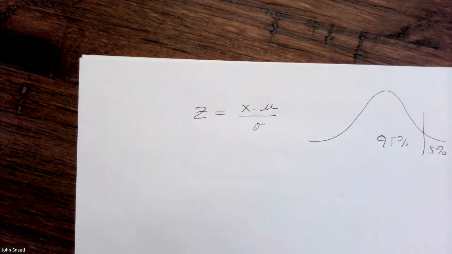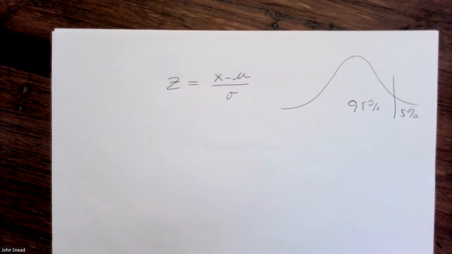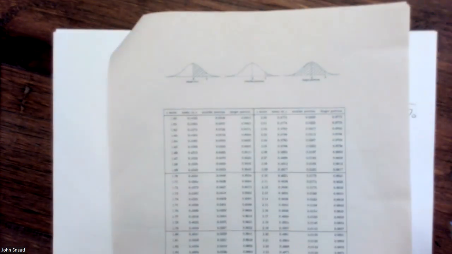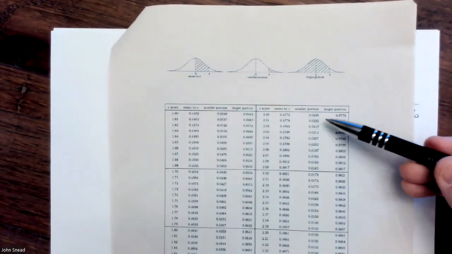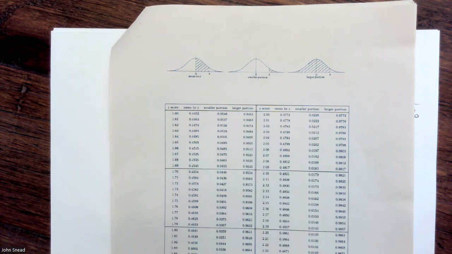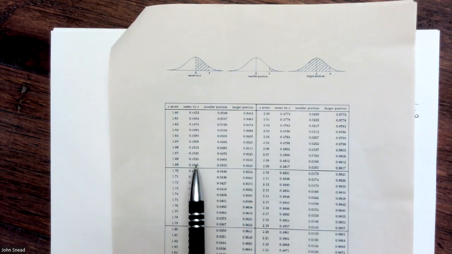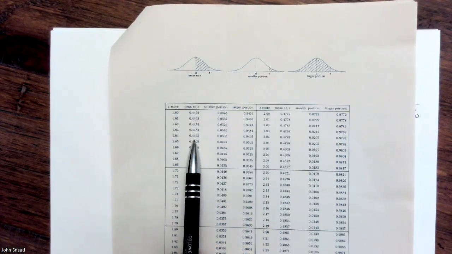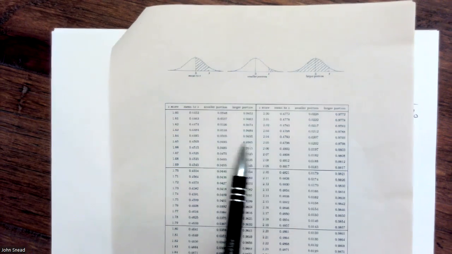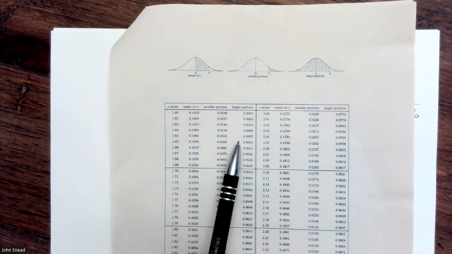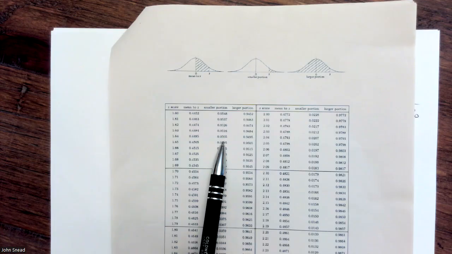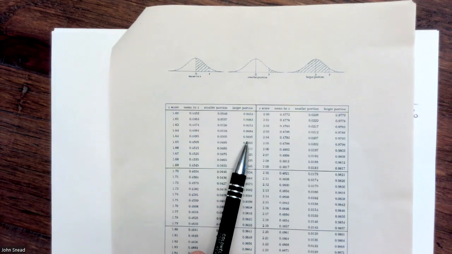So we're going to go to our z chart and find the gap between the larger portion and the smaller portion to be 95 and 5. I'm here on the second page, hopefully you can see this okay. At 1.64, you see the breakdown between the larger portion and the smaller portion to be 0.0505 and 0.9495.